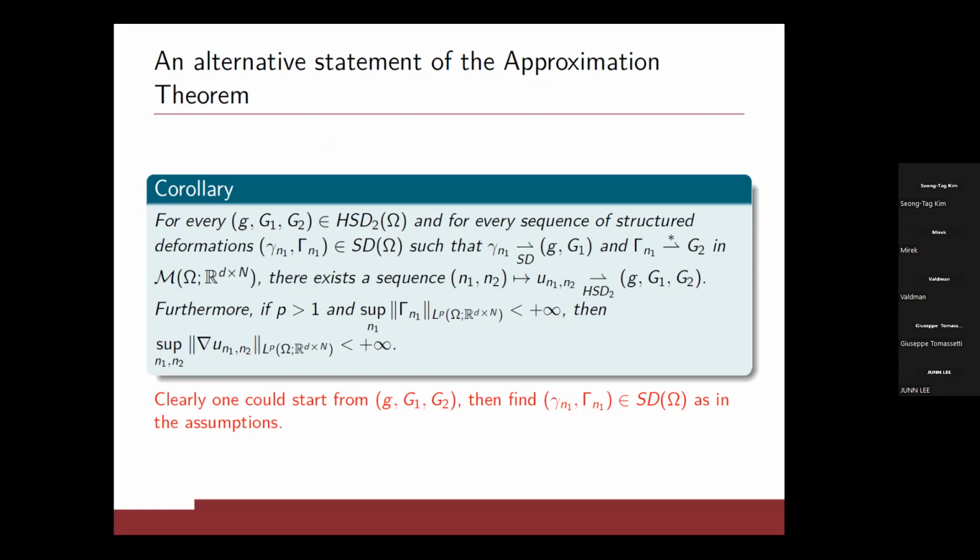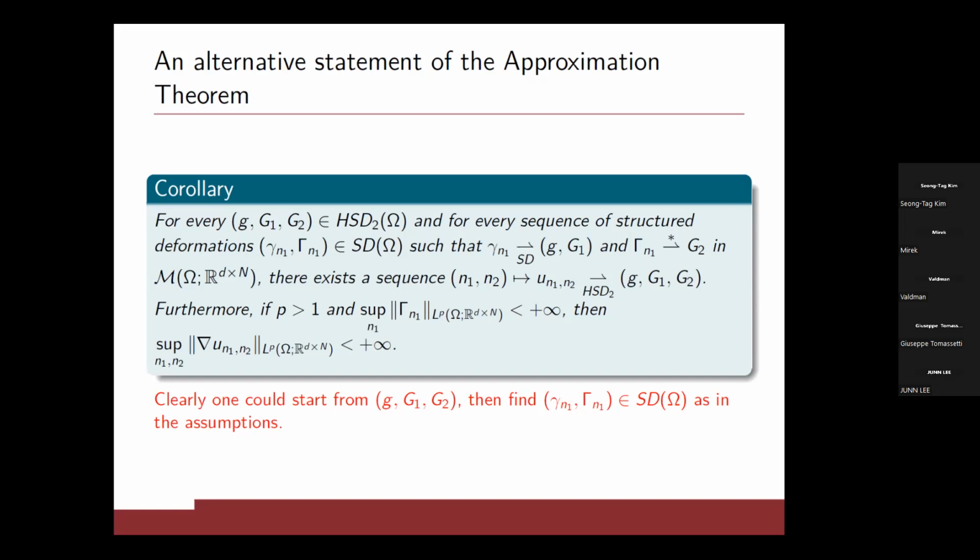Because of that, now you are left with such a couple, little gamma n1, which are SBV fields, and capital gamma n1, which are L^p fields. So somehow this couple are structured deformations themselves. So they can be achieved again, in the sense of Choksi-Fonseca, as a limit of structured deformations.